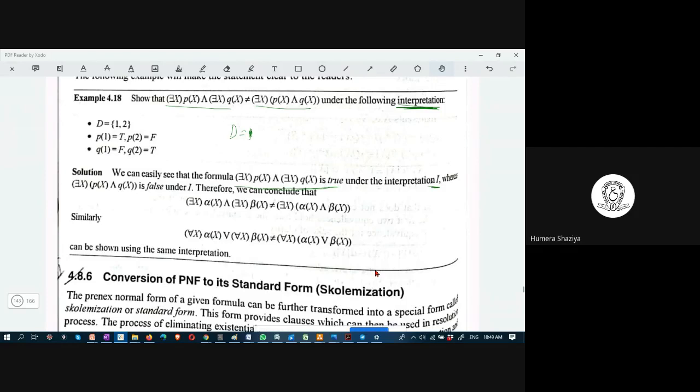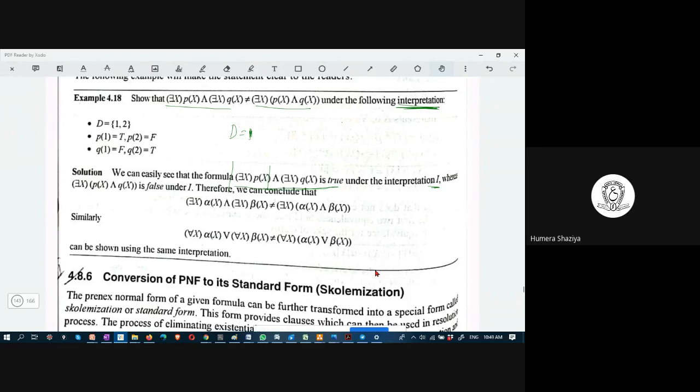There exists x p of x and there exists x q of x. All right, here this is one statement, one formula.